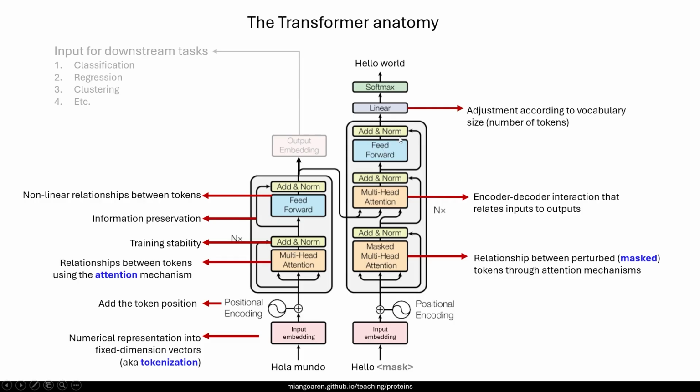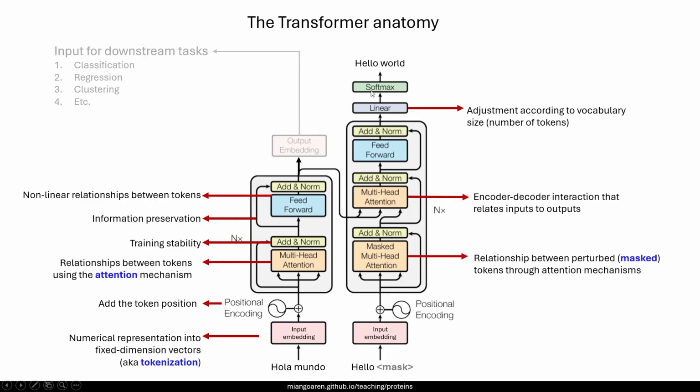And finally, we move on to a relatively simple network, which is just a linear layer. There are no activation functions there. It is simply used to adjust this high-dimensional embedding to the size of the vocabulary itself, which is the number of tokens.